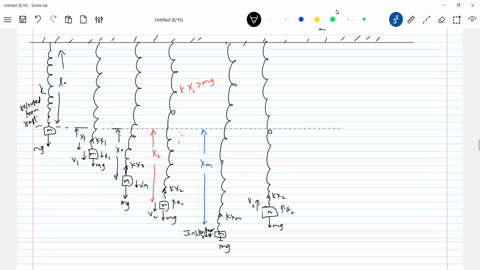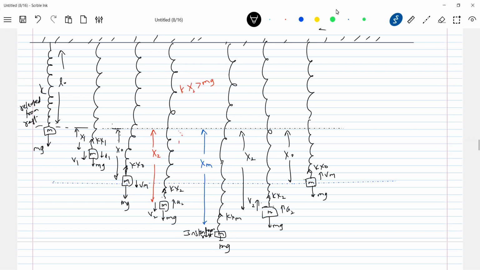Again it will come to the mean position. The block will return to the mean position and describe to and fro motion. At mg equilibrium, this will be kx naught.